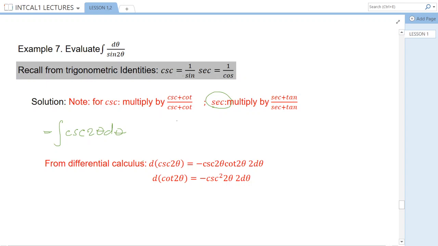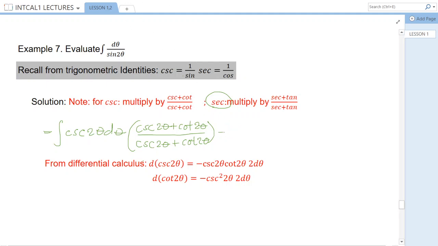So they are partners. Okay, so multiplying this one by its conjugate, that is cosecant 2 theta plus cotangent 2 theta divided by cosecant 2 theta plus cotangent 2 theta, d theta. Okay, so multiplying this one, distributing cosecant 2 theta, and let us just remove the d theta there since we have it already.